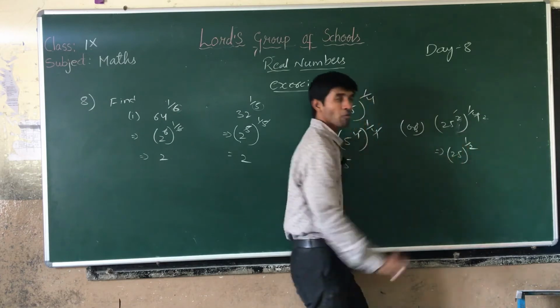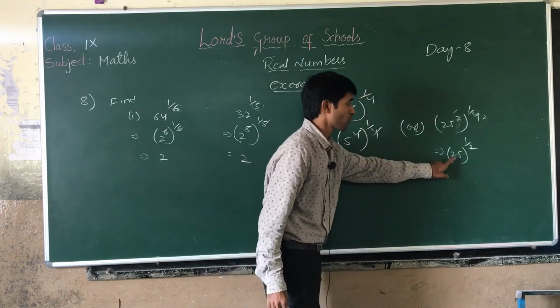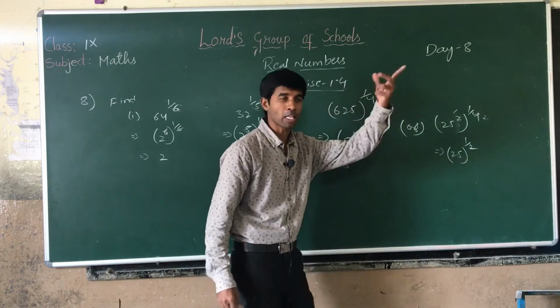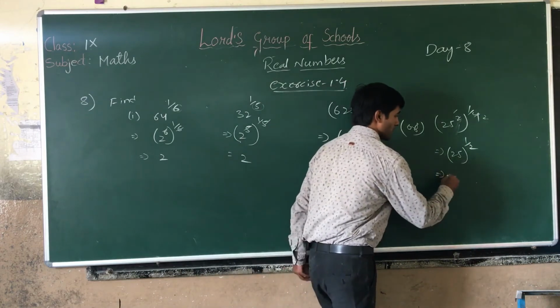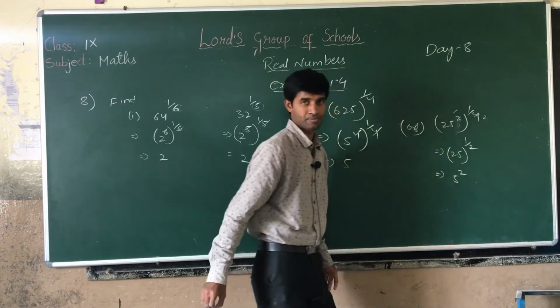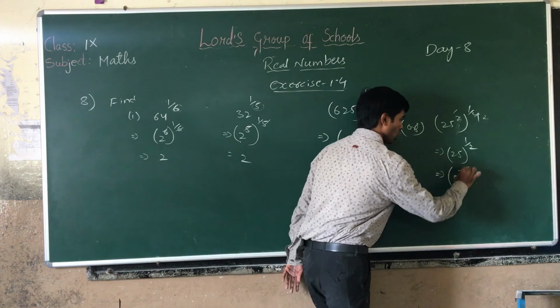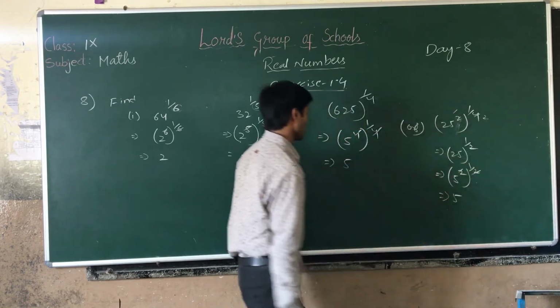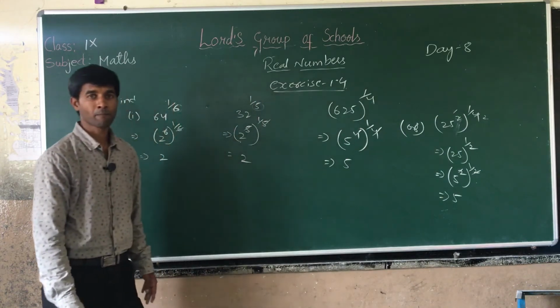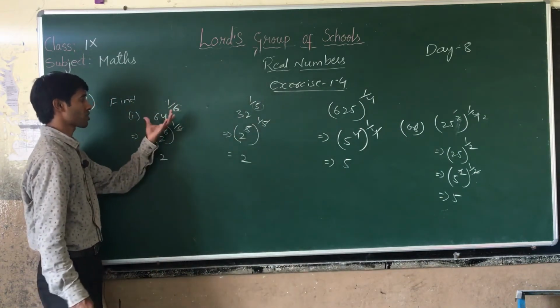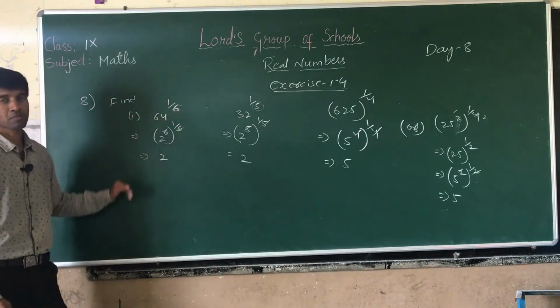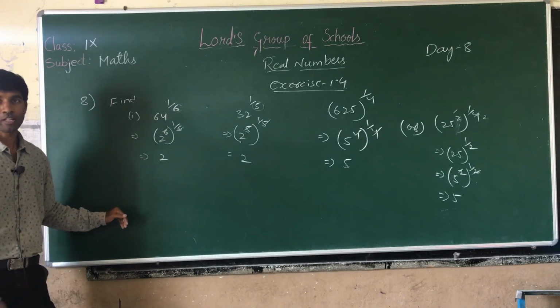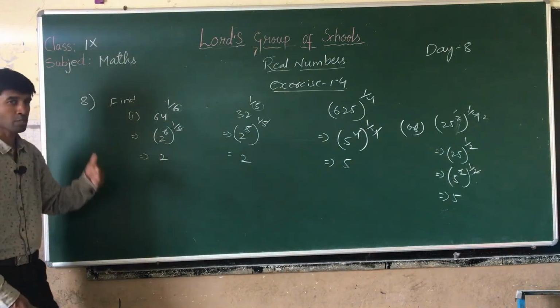Again this 25 should be written as something power 2. So 25 can be written as 5 square, whole power 1 by 2 again. 2 and 2 get cancelled. Again you will get 5. The final answer will be 5. Like this you have to find the values of given exponential forms. Okay, let us go for the next bit.